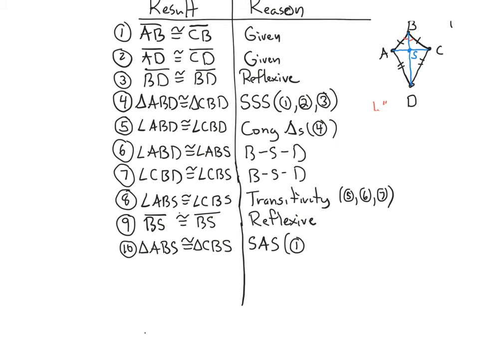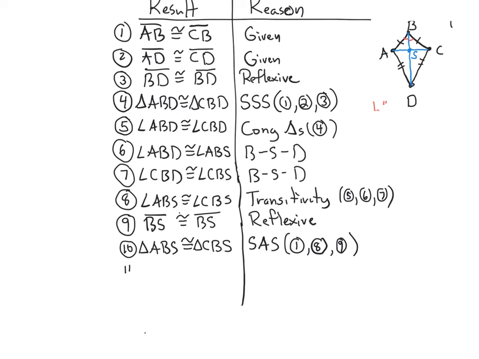The angle was 8, that ABS and CBS are congruent. And the last one was 9, that BS, that shared side, is of course congruent to itself. So when you have those shared sides, you're most likely going to use the reflexive property in your proof there. Okay, so we have that those triangles are congruent.